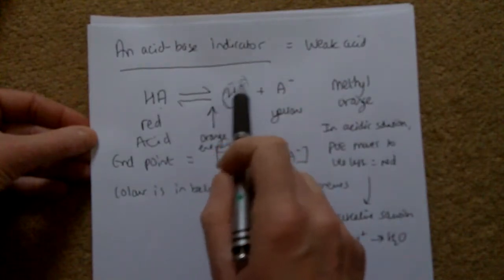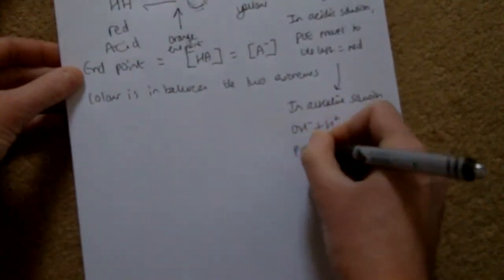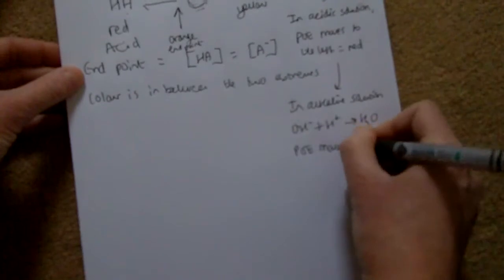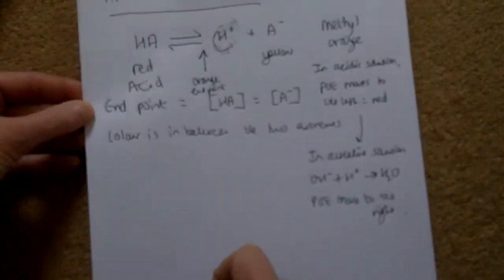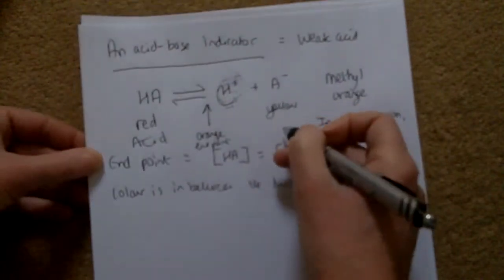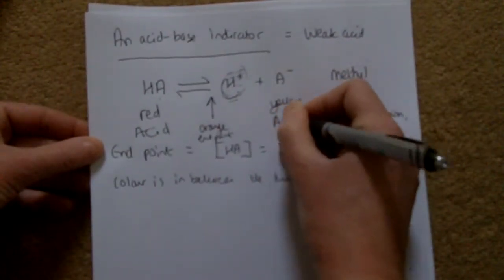That removes the H plus, therefore the position of equilibrium will move to the right. So the color of the indicator in alkali will be yellow.